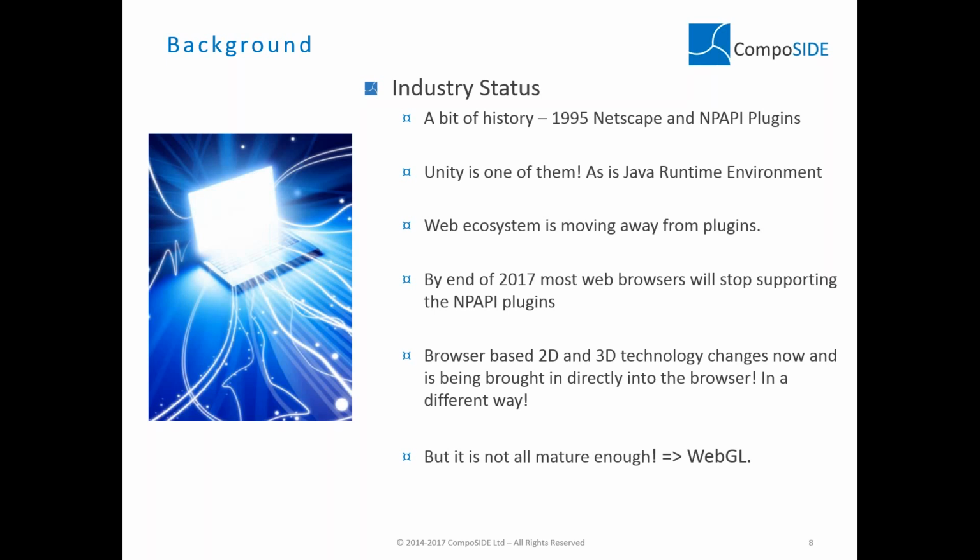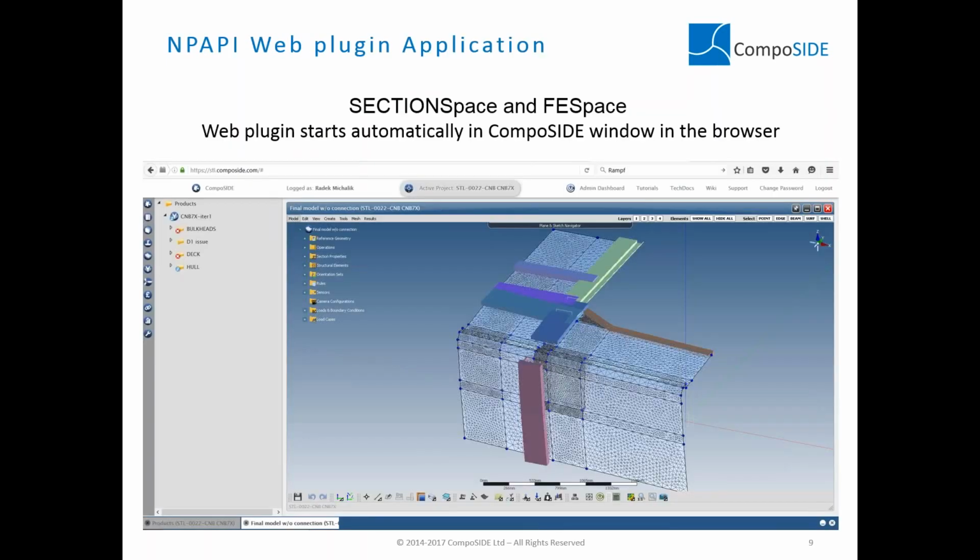However, it's not all mature enough to be a straight swap, and the replacing technology is called WebGL, which today has not given, let's say, all the guarantees that it was working as well as the plugins. Today, the web plugin starts automatically in the background of CompoSIDE when you open section space and FE space via a quick installation. So here you see a screenshot of a model built in FE space.